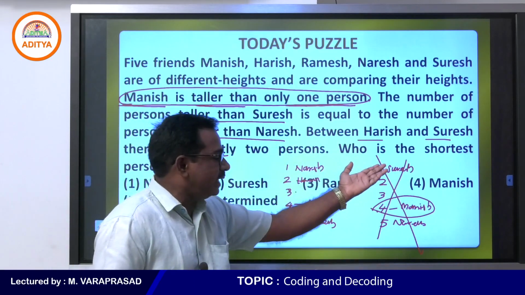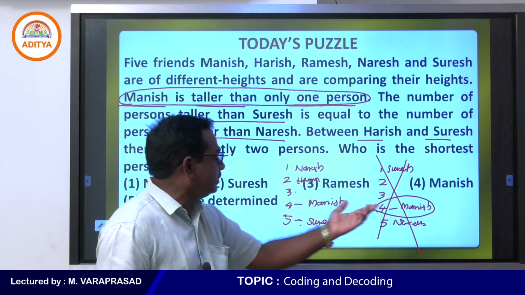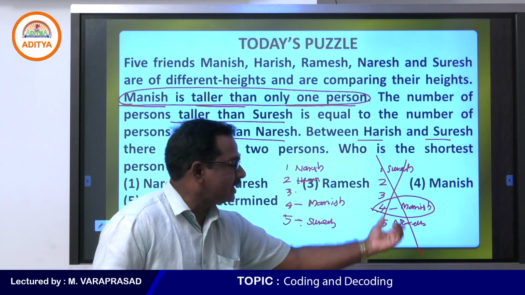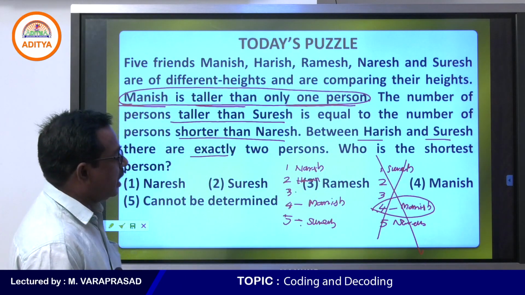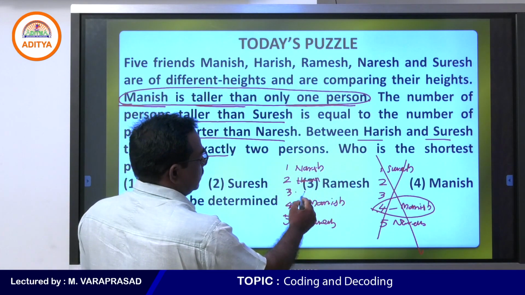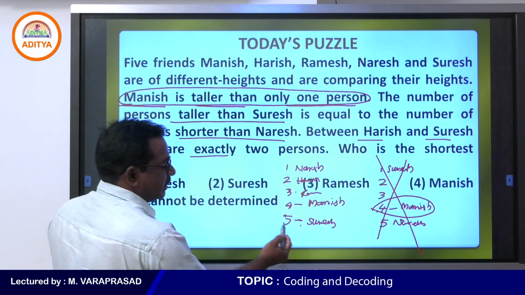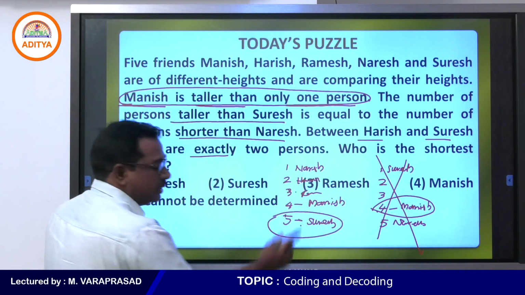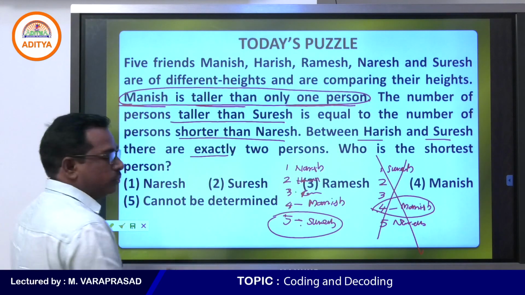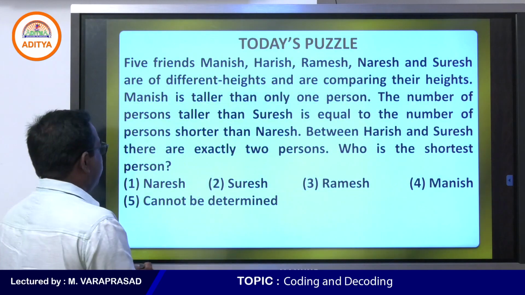If we take Suresh here we cannot write Harish. Between Suresh and Harish 2 persons are there. This condition is not possible. Now the last person we can write here, somebody Ramesh, I think. Yes. Now who is the shortest person means Suresh is the shortest person, right? Yes. We can go to our regular topic, coding and decoding.